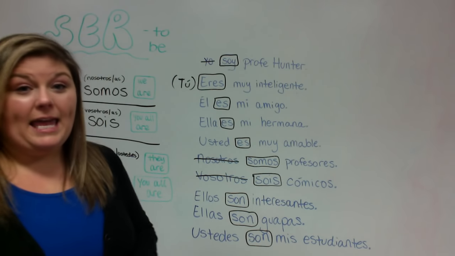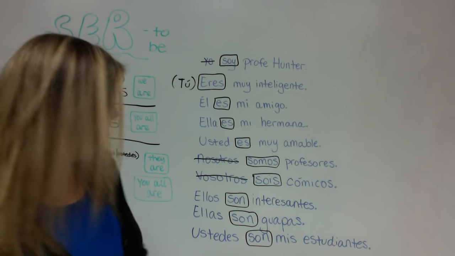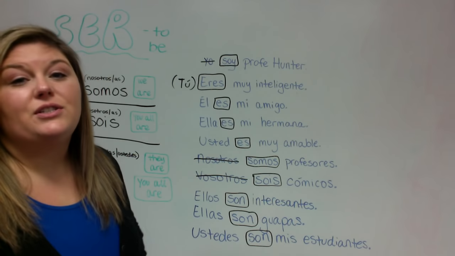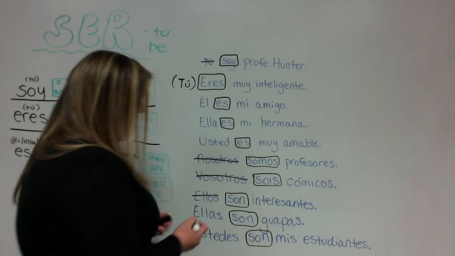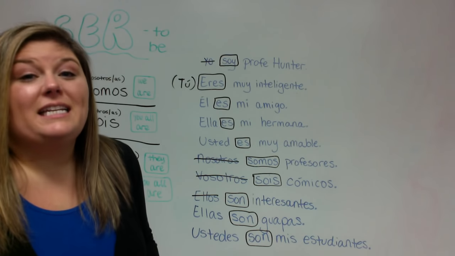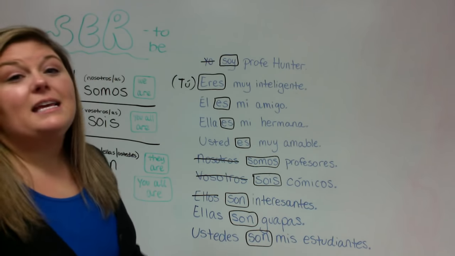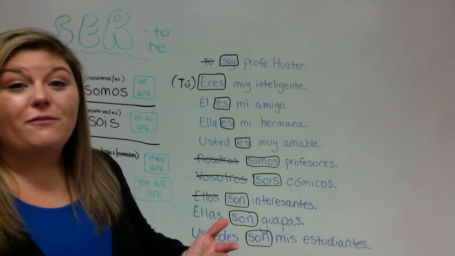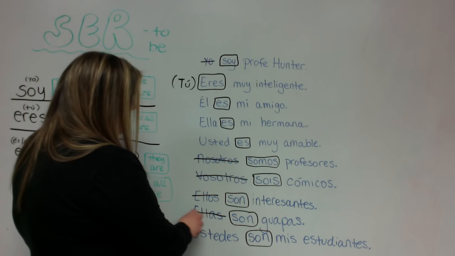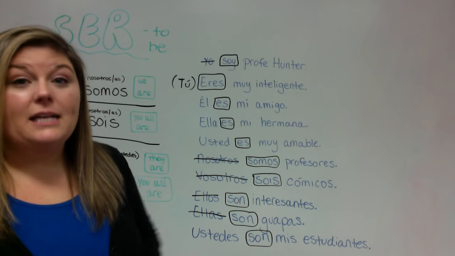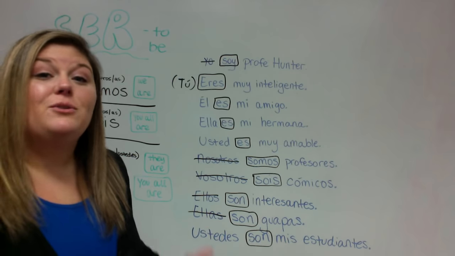And again, I can just say sois cómicos. Ellos son interesantes. They are interesting. And I can just say son interesantes. Ellas son guapas. So we have a group of females. They are beautiful. Ellas son guapas. And I can, again, just say son guapas because I don't have to have the ellas.